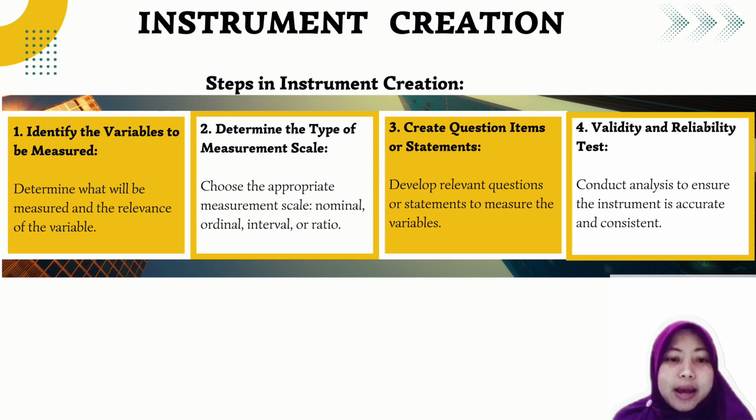The final step in creating an instrument is to conduct a validity and reliability test to ensure that the instrument created is truly capable of measuring accurately and consistently. Without good validity and reliability, our measurement results can be inaccurate and difficult to rely on.